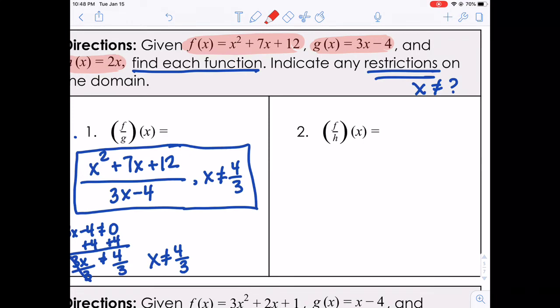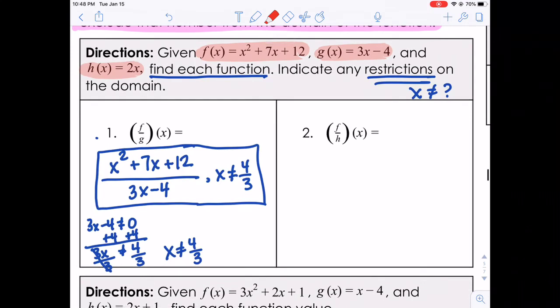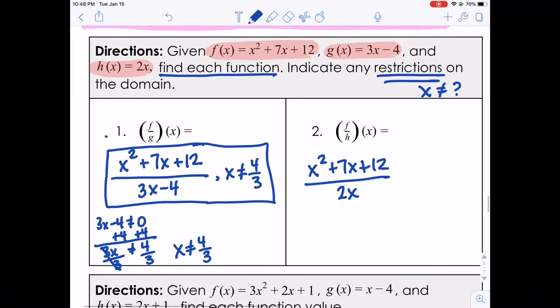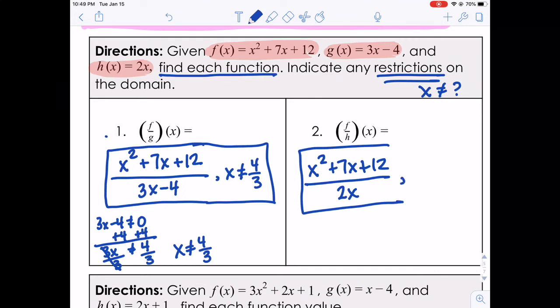So for this one here, for number 2, we'd say f of x on top, x squared plus 7x plus 12. And this time h on the bottom, h is 2x. So that is our f over h. And then we have to tell the reader what x is not allowed to be. So it's not allowed to be the denominator.